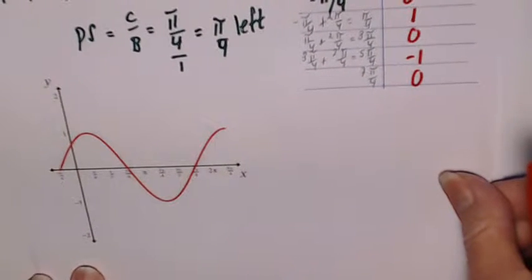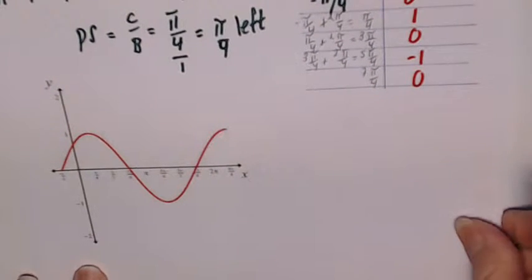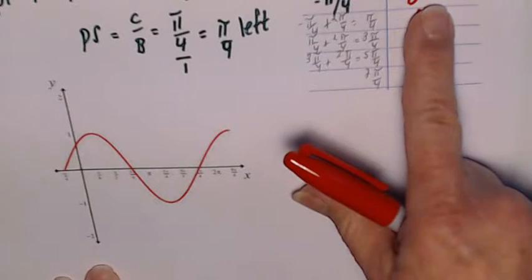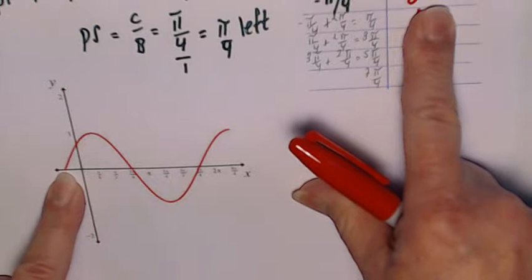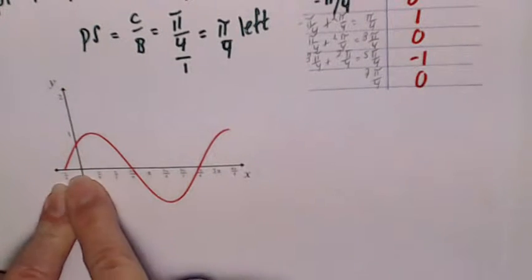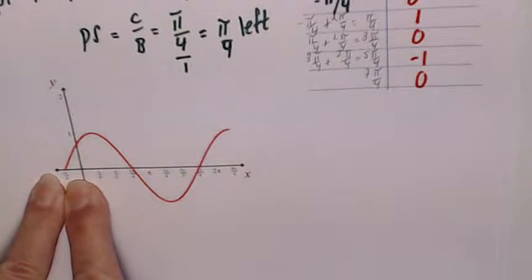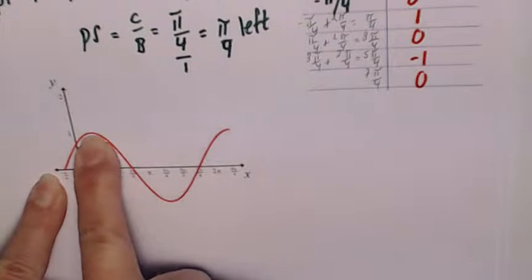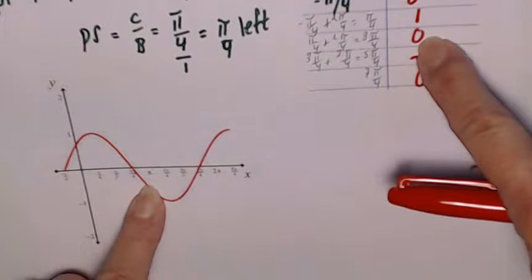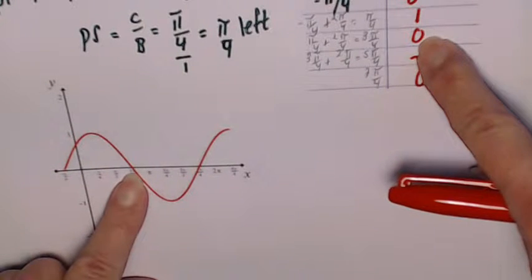I've started the graph work here for us, so as to not get too bogged down in it. But we can see here is our sine function that we just generated the values for. At negative pi over 4, we're at 0. At positive pi over 4, here we're at 1. At 3 pi over 4, we're back at 0.